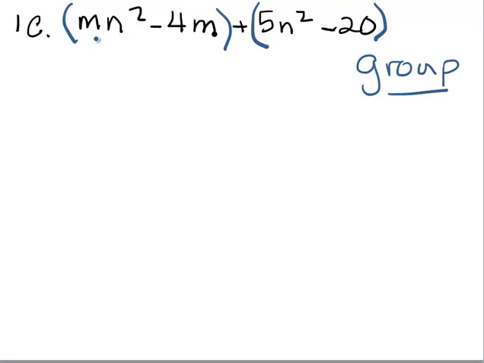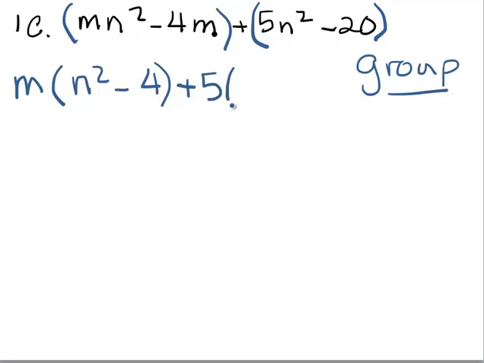The common factor between these two terms would be m. So I'm going to take out m and leave behind n squared minus 4. With this group, the common factor would be positive 5. So I'm going to pull out 5 and leave behind n squared minus 4.